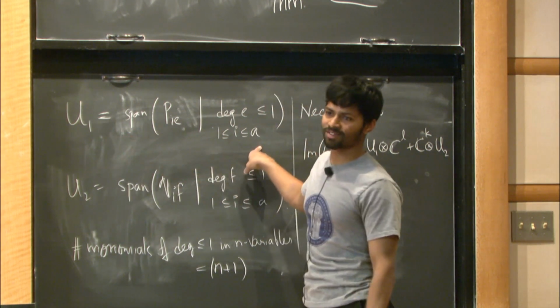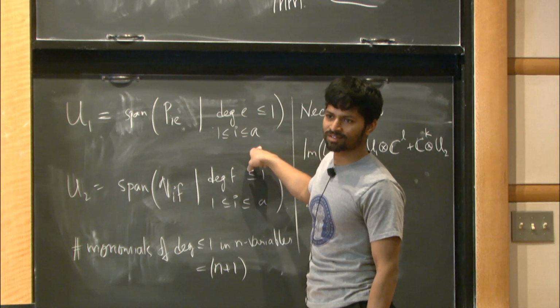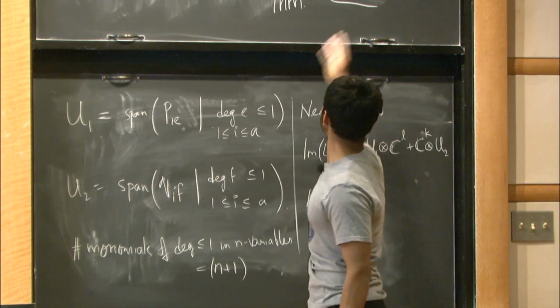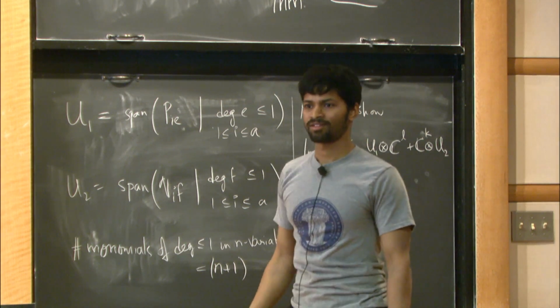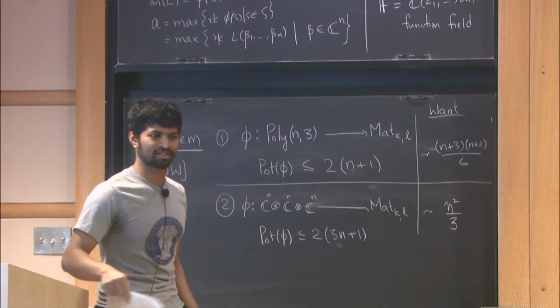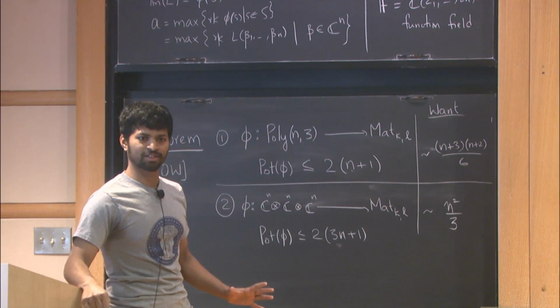That times a, of course. So the number of vectors that span this subspace is a times (n plus 1). And now we're done. And that's where this n plus 1 is. Does that make sense? Yeah?